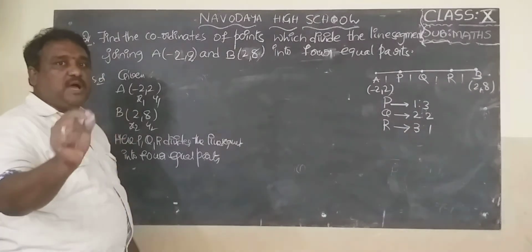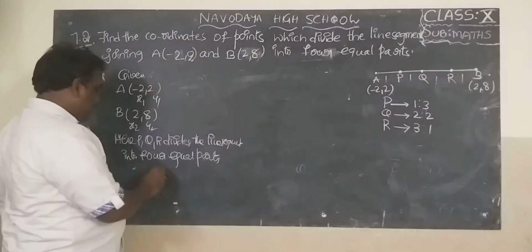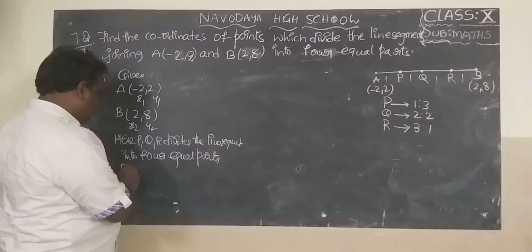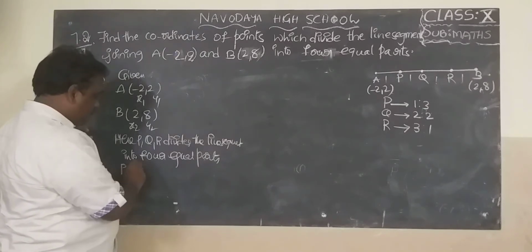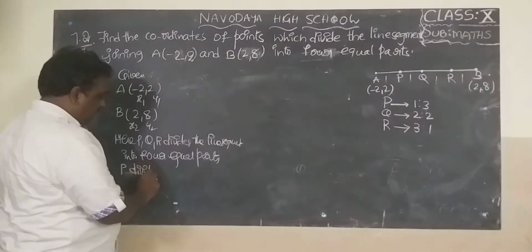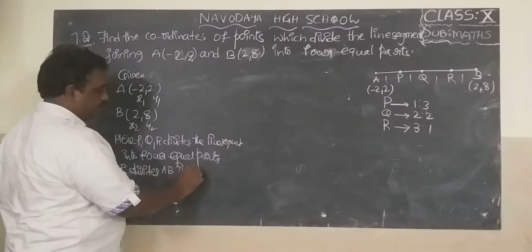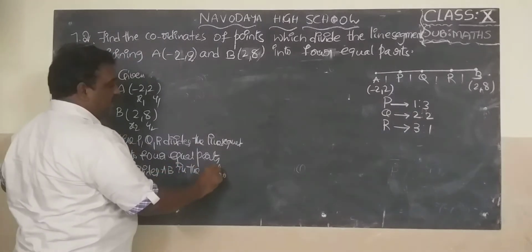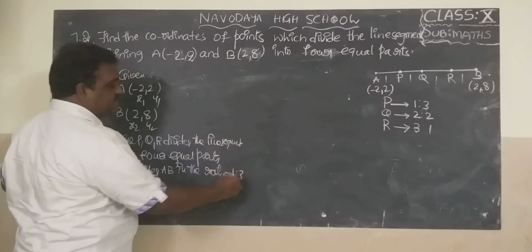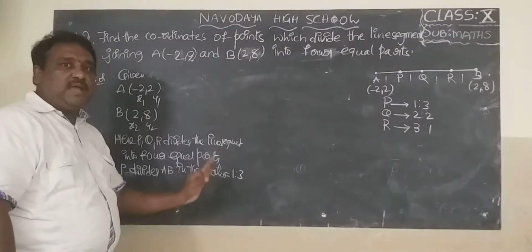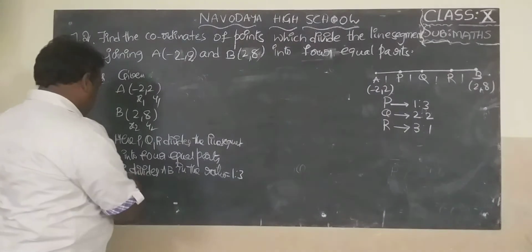I took each part as 1. Then P divides AB in the ratio 1:3.